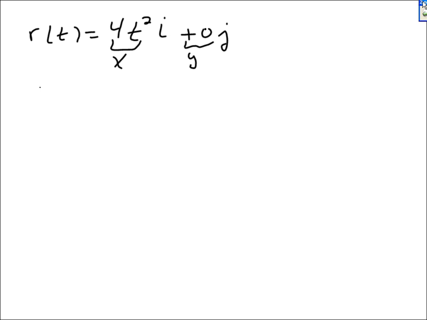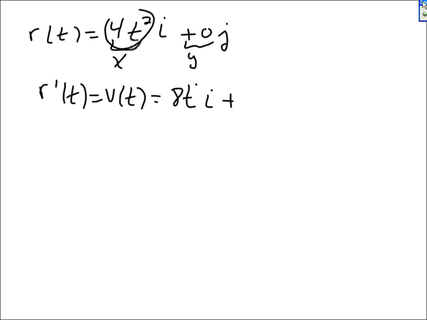Okay, so now let's find out r prime of t, also known as v of t. The derivative of r is 8t in the i direction. The derivative of 0 is 0 in the j direction. And there it is. While we're at it, let's find the length of r prime of t.